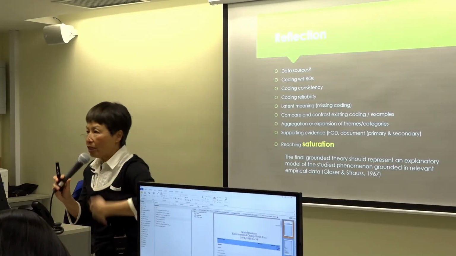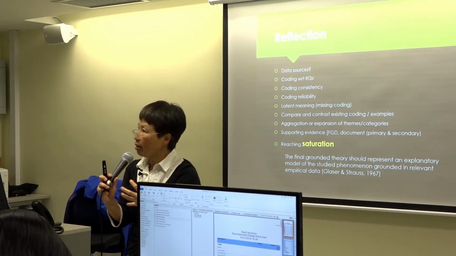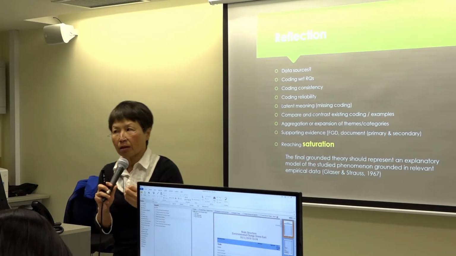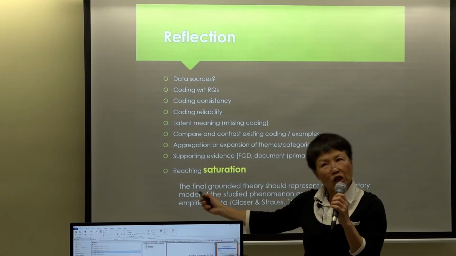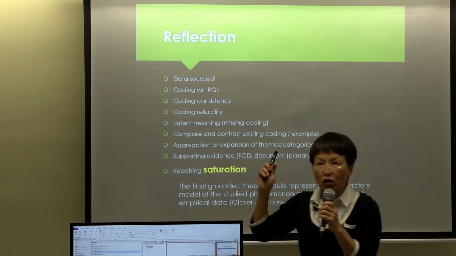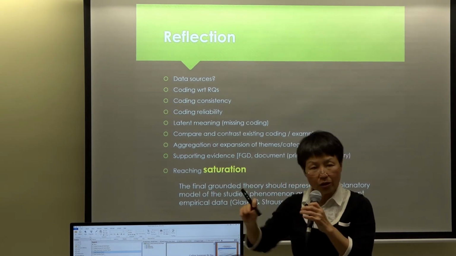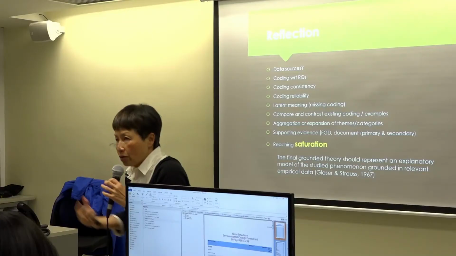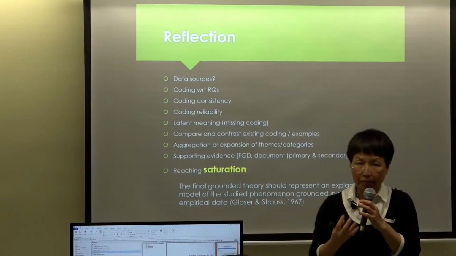That is, you have enough sources of information to consolidate what you want to look into. So sometimes if you don't do the coding, it's hard for you to say, hey, we got enough data. But if you do your interview, remember you sample some of the work and then do the coding and have a sense of what you want to ask, you build along as you collect your data.